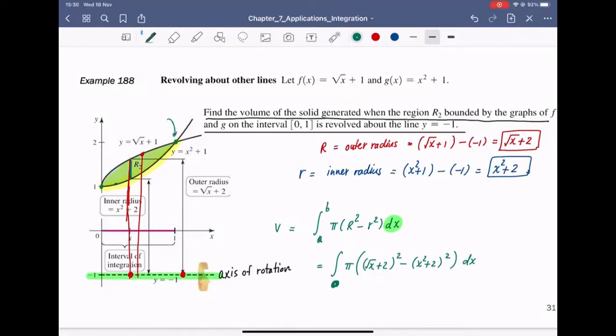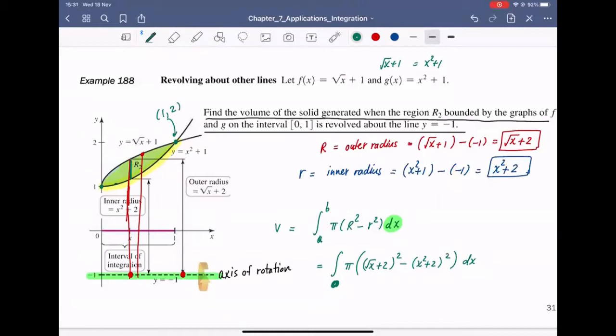The best way to do the intersection is to eyeball it. If you want to set square root x plus 1 equal to x squared plus 1 and solve, you can, but it's just slow because you have to square and do some algebra. You can see that the intersection here is just x equal to 1, y equal to 2, because if you plug in x equal to 1, you get y equal to 2, which is good.